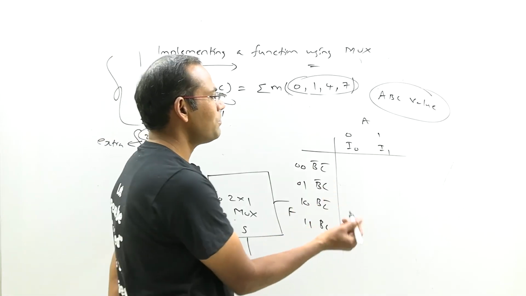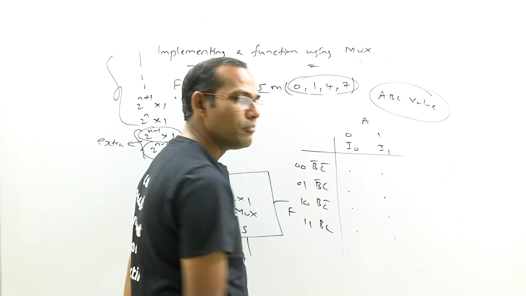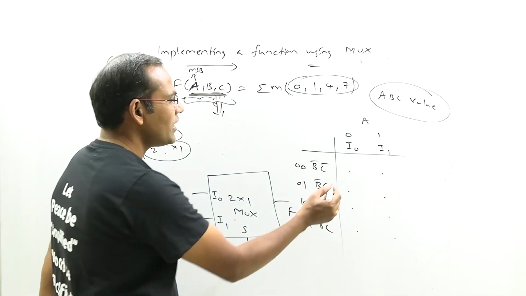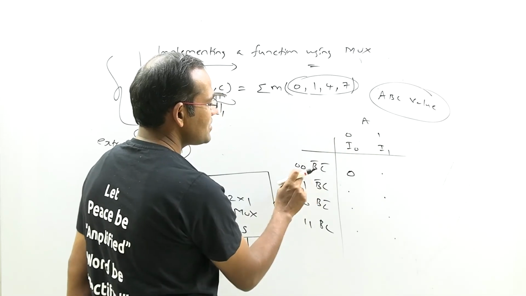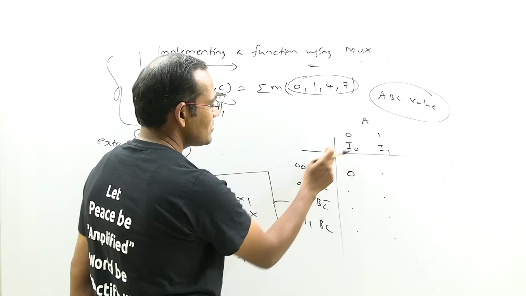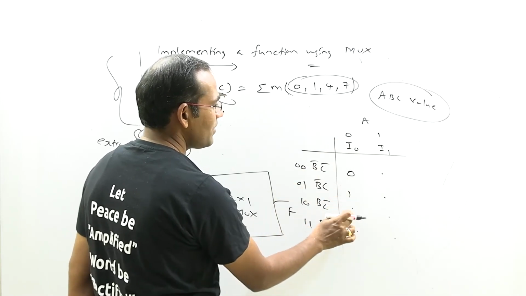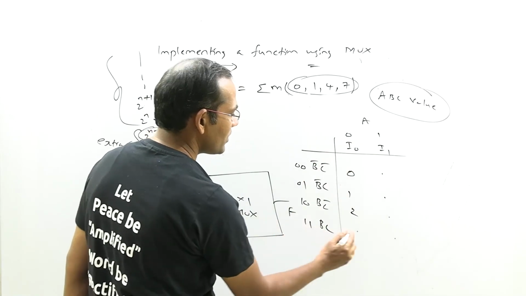Now the next step is always write the ABC value at each position. Here ABC value is 0 because A is 0, BC is 0, 0, 0. Here ABC value is 0, 0, 1, so 1. Here ABC value is 0, 1, 0, 2. Here ABC value is 0, 1, 1, 3.